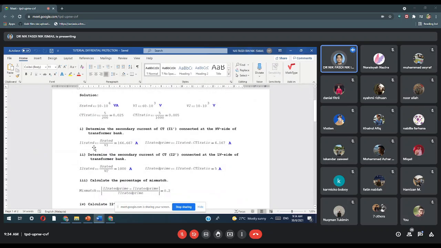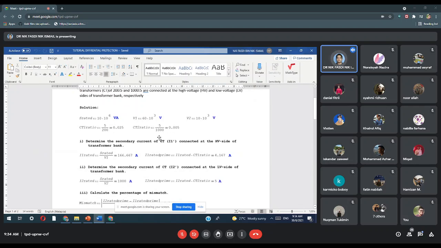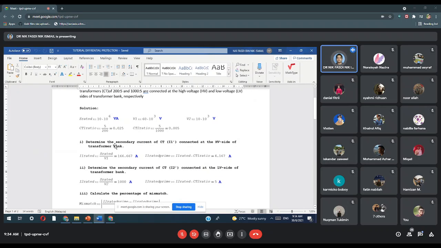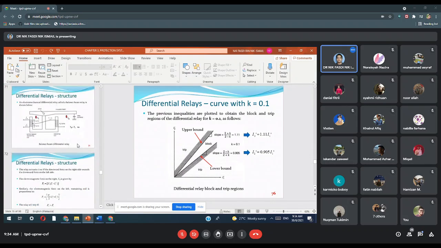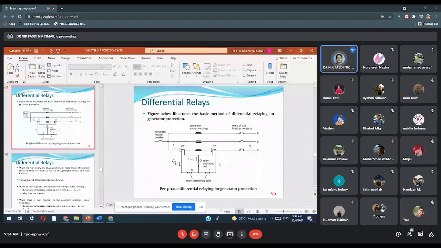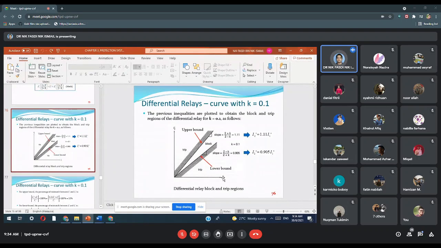Okay. From the first calculation, our I1 prime is 4.167. Daripada soalan ni, tadi kita kira. Dia kata determine the second track current. So nilai I prime is 4.167. Okay. Yang ini kita kira tadi dan kita juga kira yang ni. What's the upper limit based on the value prime upper limit?